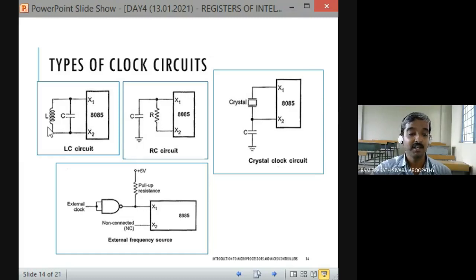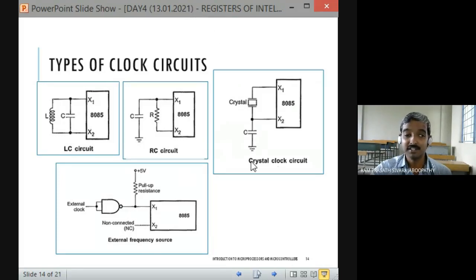By connecting an inductor and a capacitor in parallel you can obtain an LC oscillator circuit. By connecting a resistor and a capacitor in parallel you can have an RC oscillator circuit. Directly, you can also give an external clock. Like this: leave X2 pin with no connection, free, and on the X1 pin, just put a NOT gate and use a pull-up resistance. You can connect like this also.